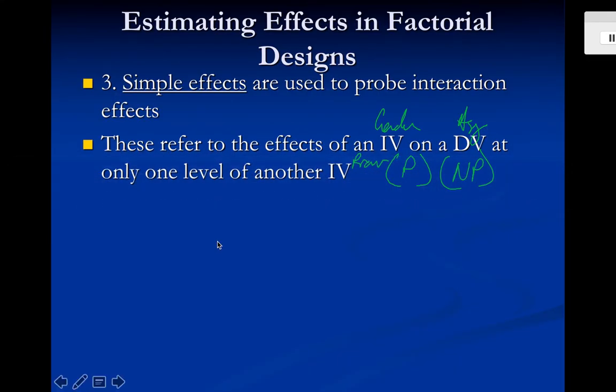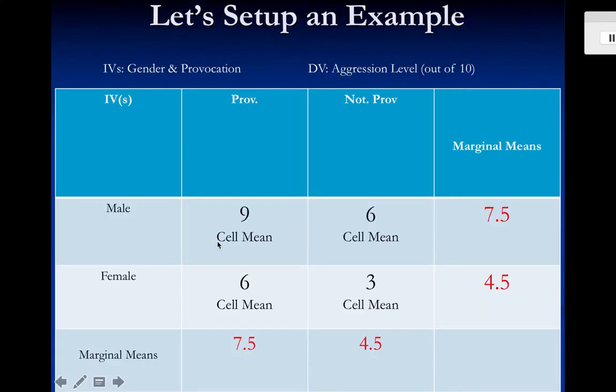Now, if you want to follow along here with the table that I've given you, essentially what I'm doing is first comparing males and females who are provoked, and then comparing males and females who are not provoked. So this was simple effect number 1 and simple effect number 2 for set 1.